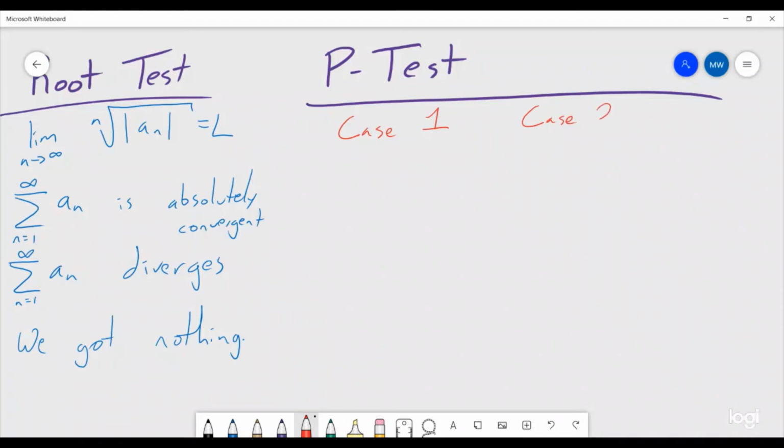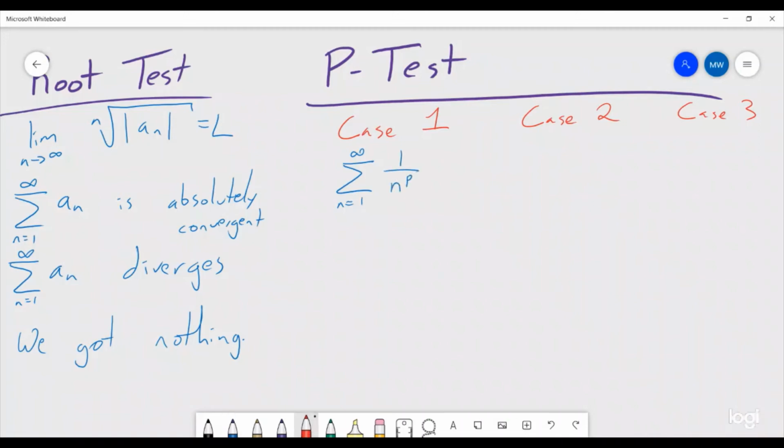So case 1, case 2, and case 3. Case 1 is for when we are looking at the sum from n equals 1 to infinity of 1 over n to the p.